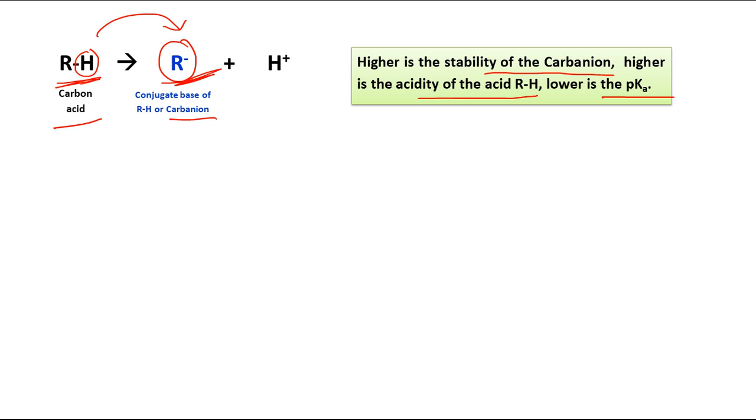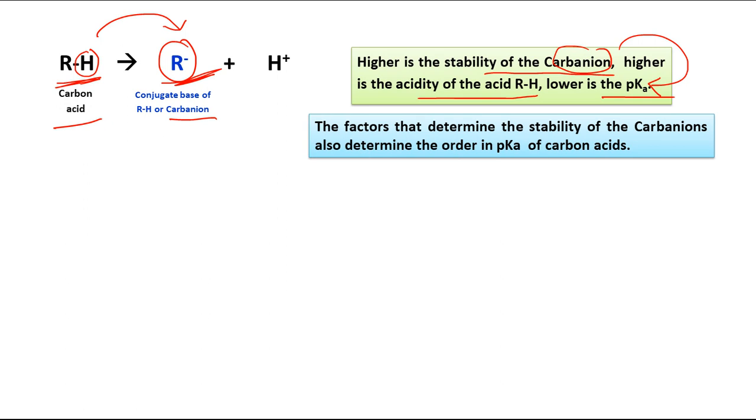So the stability of Carbanion has some relationship with pKa. So the factors that determine the stability of Carbanion can also determine the order in pKa of the carbon acid.